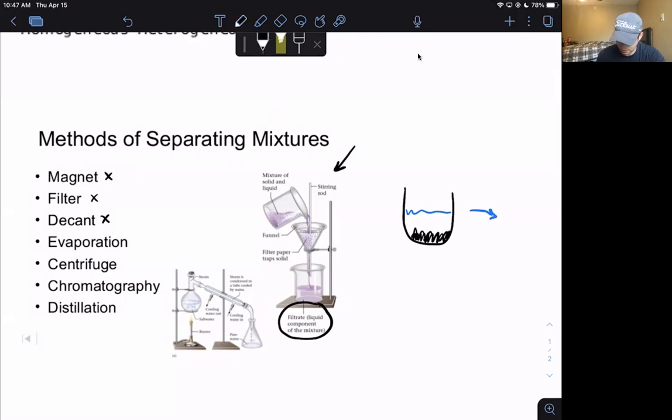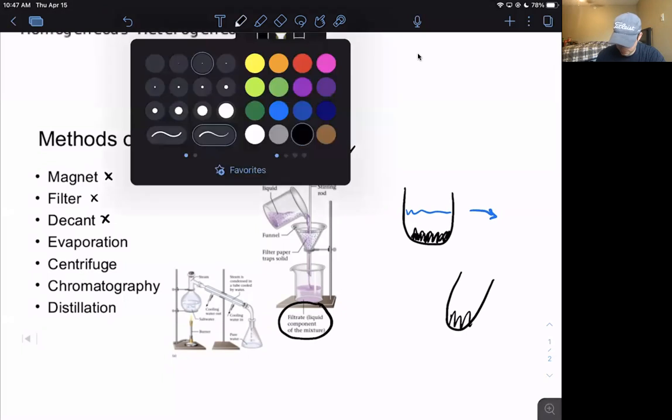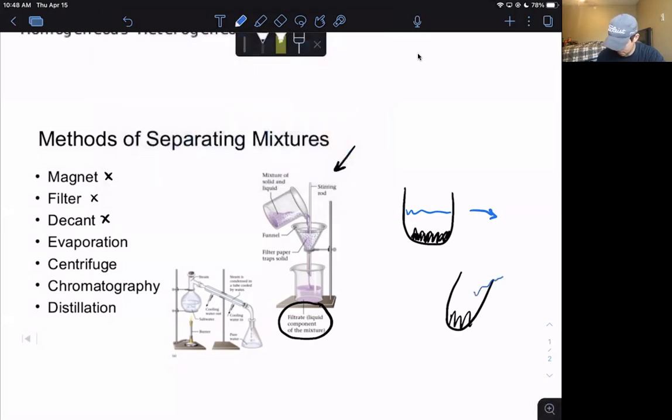So that would look something like this. All the solution on top comes out, and you're left with something in the bottom. That's another one that's very common. You probably do that one the most in your everyday life.